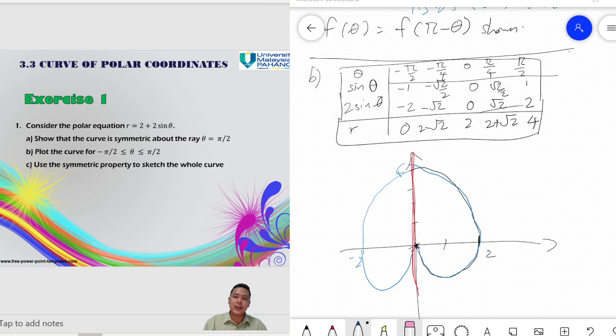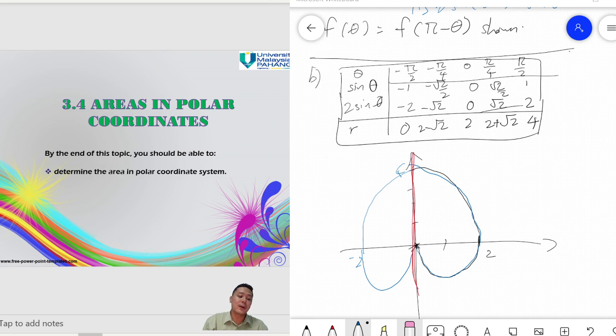Then you proceed to know how to use the symmetric properties of ray theta equals 0 and also ray theta equals pi over 2. We will continue more in our live session, and until the next video you will try to use these curves to find areas in polar coordinates. See you in the next video.